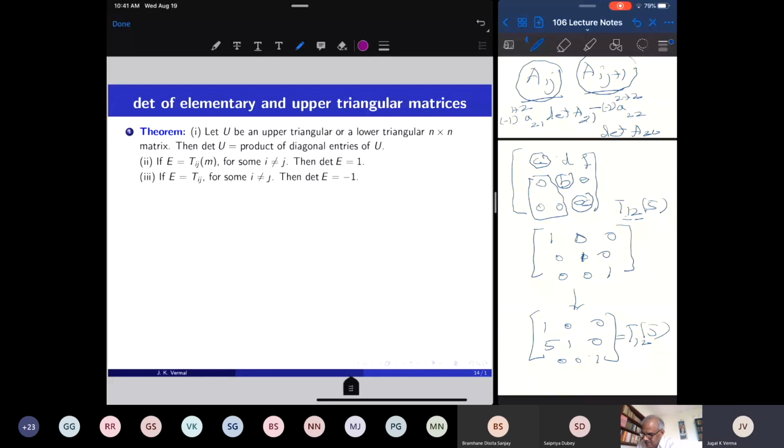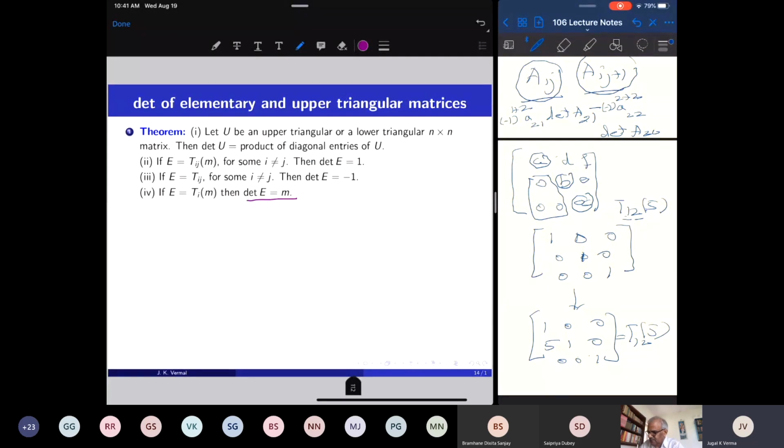Now take the elementary matrix which is obtained by interchanging ith and jth row of the identity matrix, then its determinant is -1. This is clear from the alternating property.